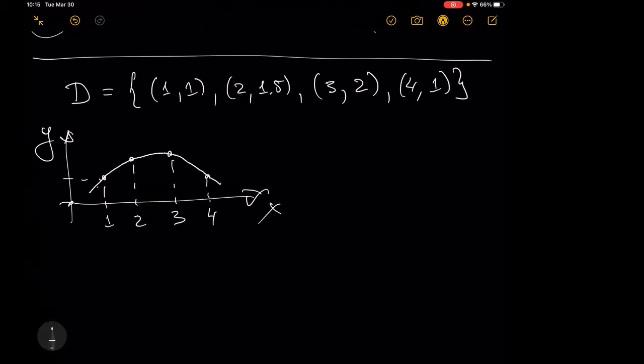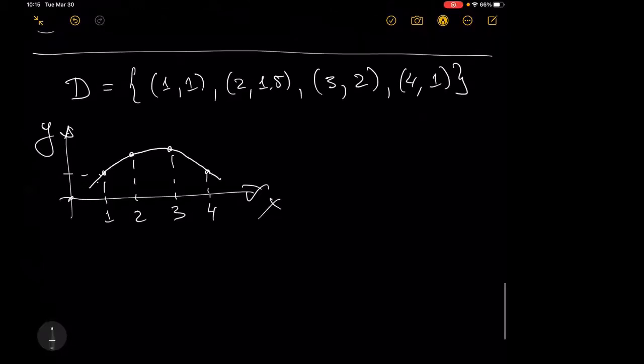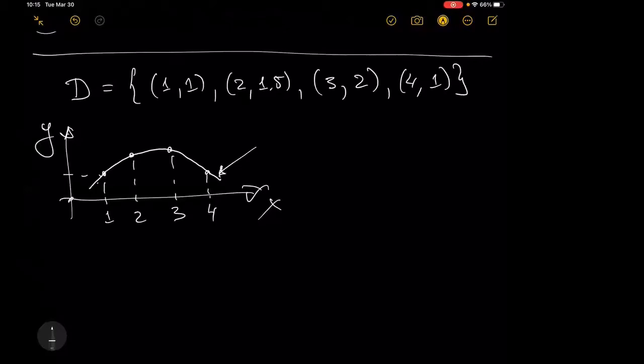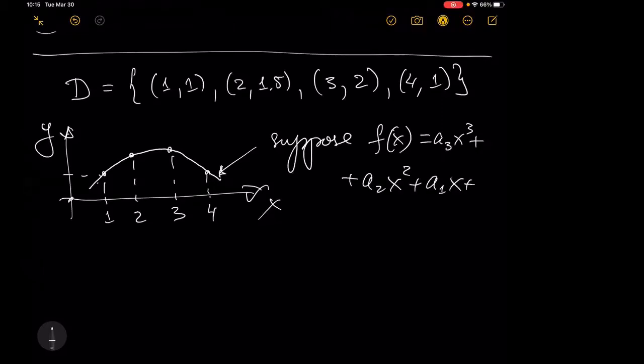Now, you know that these points are really just sampling points from some function, which goes like that. You can say the following. Suppose my f of x is nothing else but a polynomial of the third degree, a3 x cubed plus a2 x squared plus a1 x plus a0.